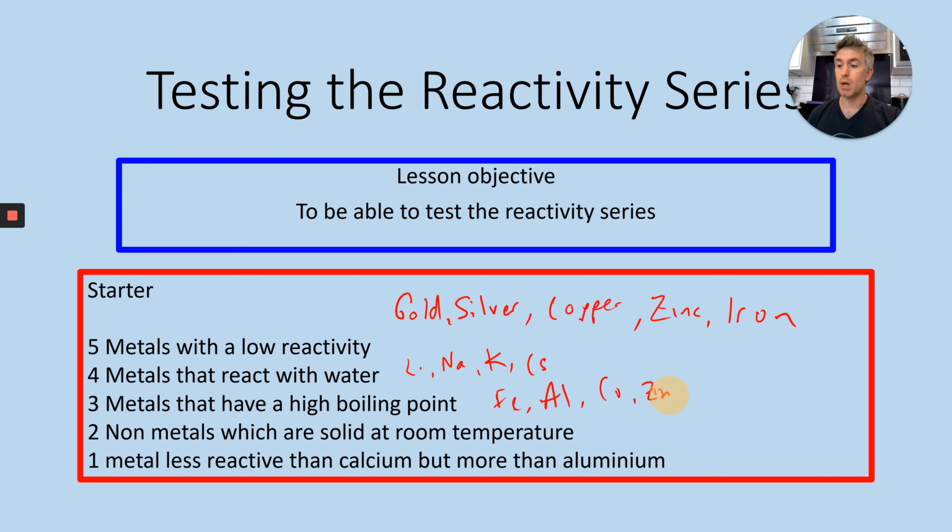Next one, 2 non-metals that are solid at room temperature. On your periodic table, if you look at the right-hand side, that's where the non-metals are. Now, if you're using the one that's in your planner at school, the symbols are color-coded, and there's a different color for solid, liquid, and gas, so you can use that. But you can perhaps use your own brain, I suppose, for things that are solid.